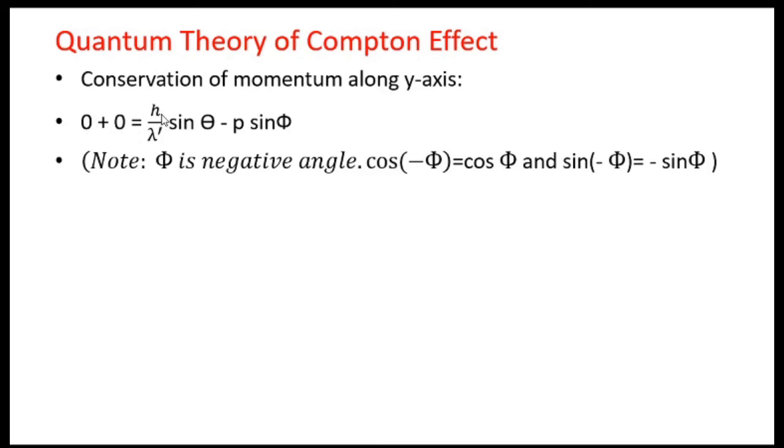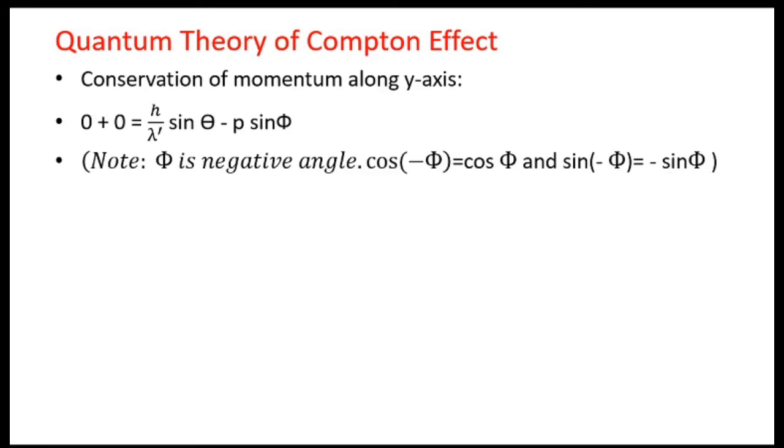It is equal to the component of momentum for the scattered photon along the y-axis plus the component of momentum for the recoiled electron along the y-axis. Now here, once again, observe that the angle phi of the recoiled electron direction is negative, and cos of a negative angle is cos phi, sine of minus phi will be minus sine of phi.